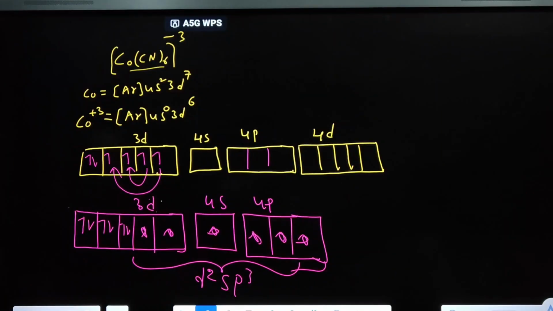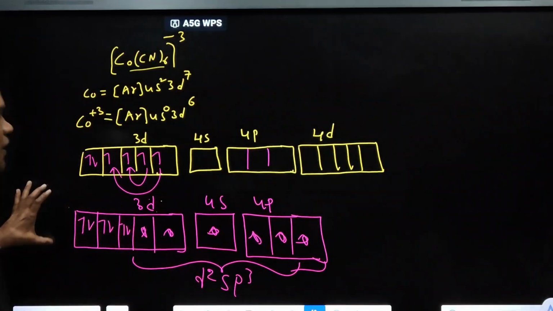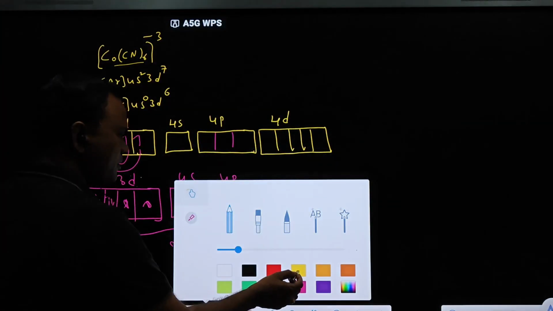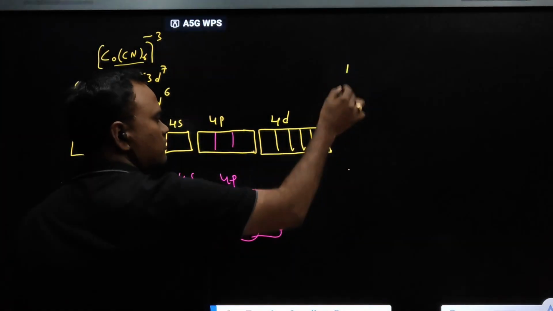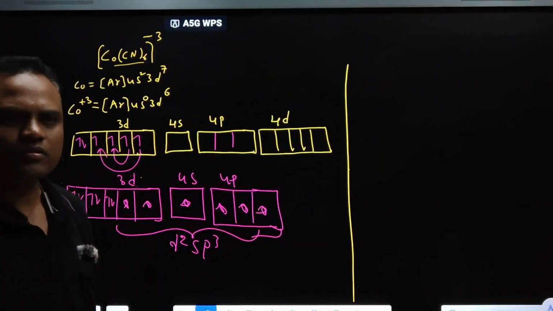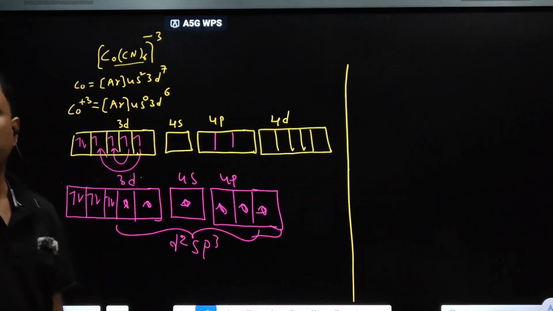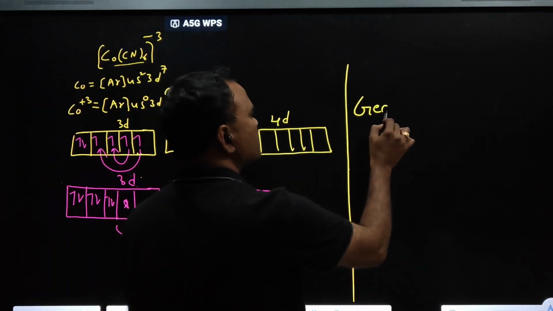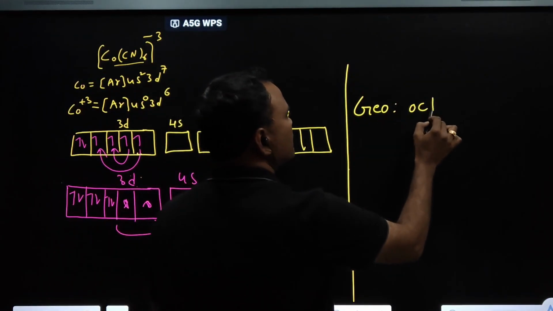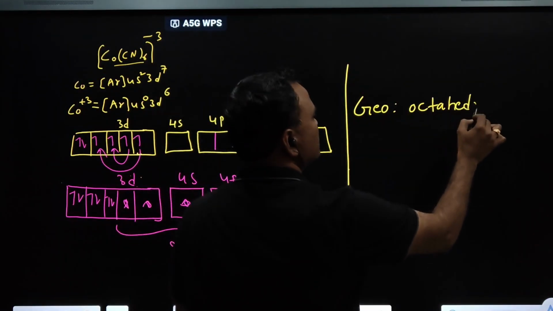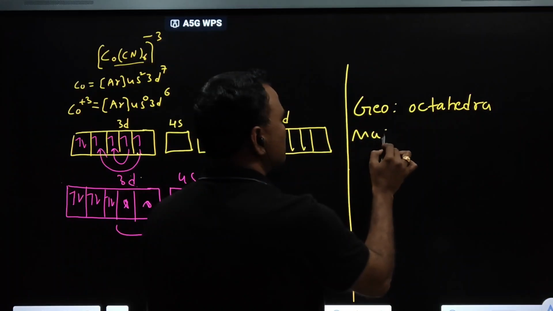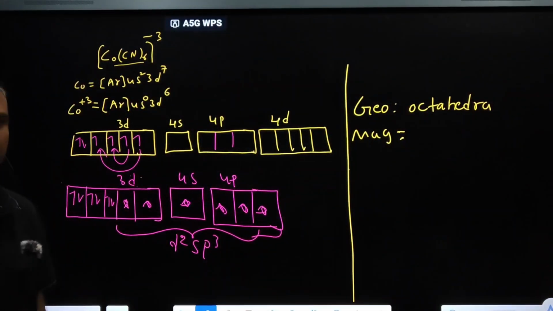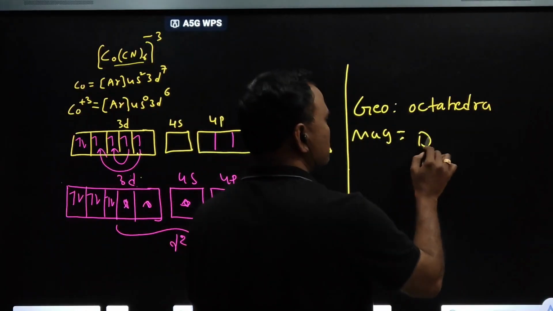Okay. Right, remaining information. What about geometry? Octahedral. Magnetic property? Diamagnetic, there is no single electron.